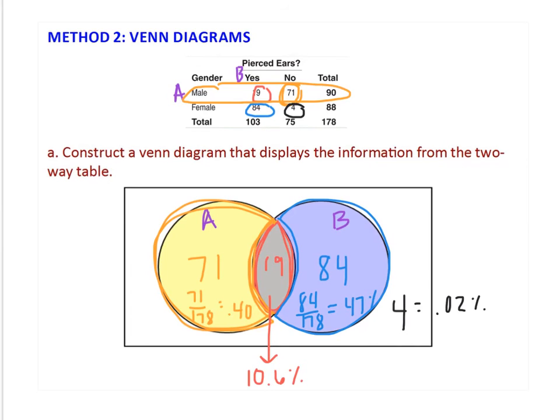So the goal is that when I add all of these up, I add to 100% or I add to 1. And if I add up 40 with 10.6 with 47 with 2, I get 99.4%, which makes sense. I'm a little bit off just because I rounded some of these, but all of these percents and all of this square has to add to 1 because my sample space has to add to 1.